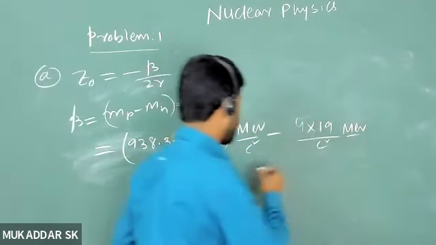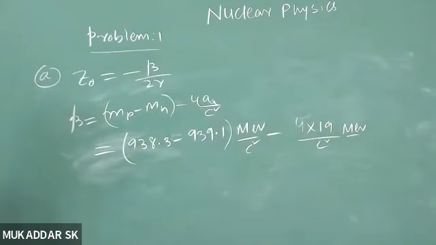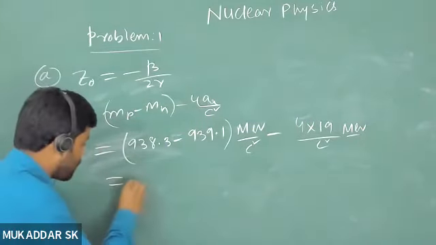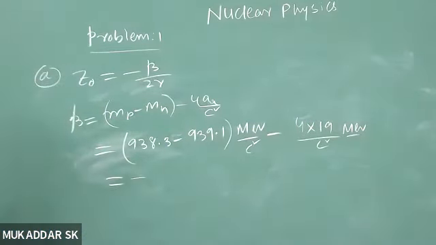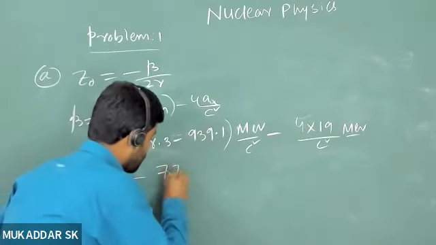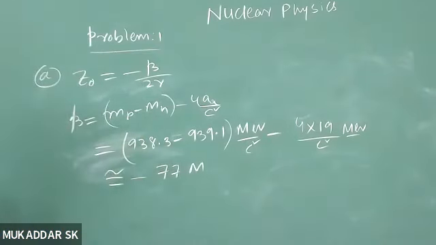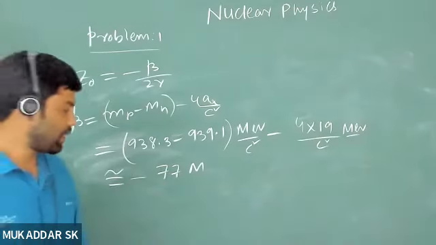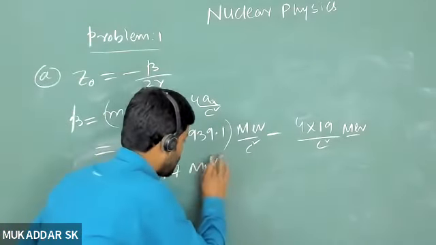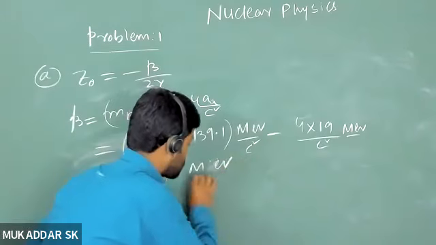I can see mega electron volt per c square in both parts actually. So this is your beta. If you calculate it, you will get around minus 76.88, 76.8 with minus sign. It means around 77 mega electron volt per c square.